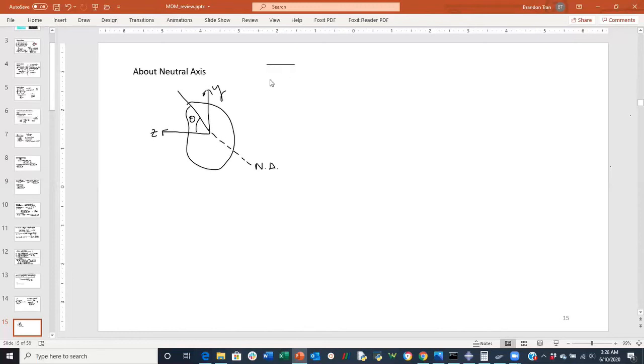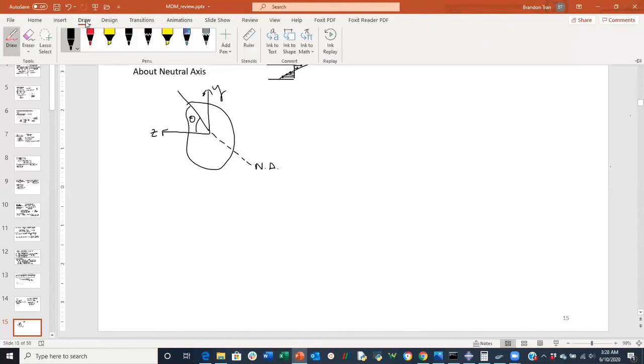Remember, bending can only happen if one side experiences a positive tensile stress and the other side experiences negative compressive stress, and by notation, tension is positive.